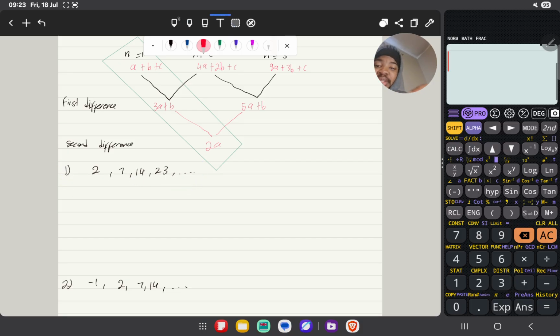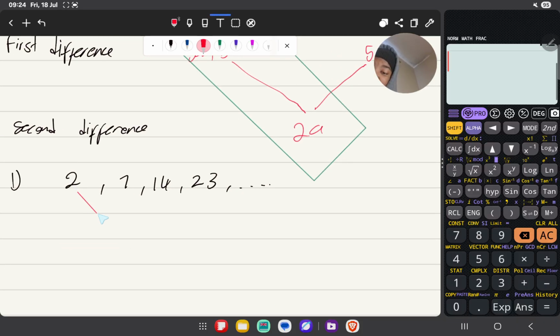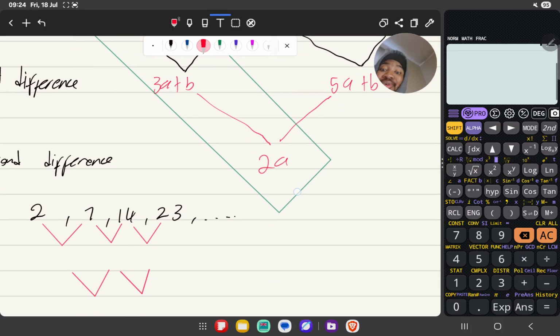Something about the quadratic pattern is that the first thing, always, is you find the first difference. After finding the first difference, you're going to find the second difference, which we are expecting to be the same throughout.